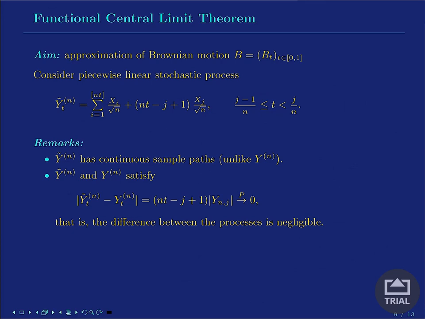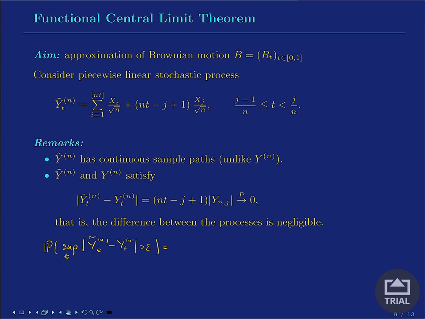So more precisely, we can show that the probability that the supremum over all t from 0 to 1 between the two processes is larger than epsilon.